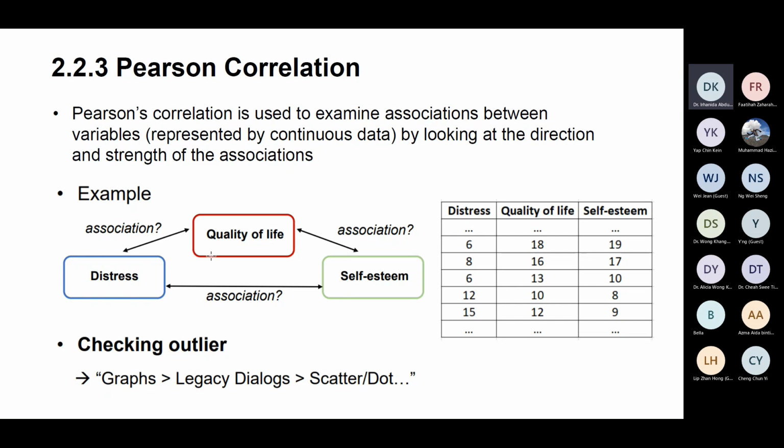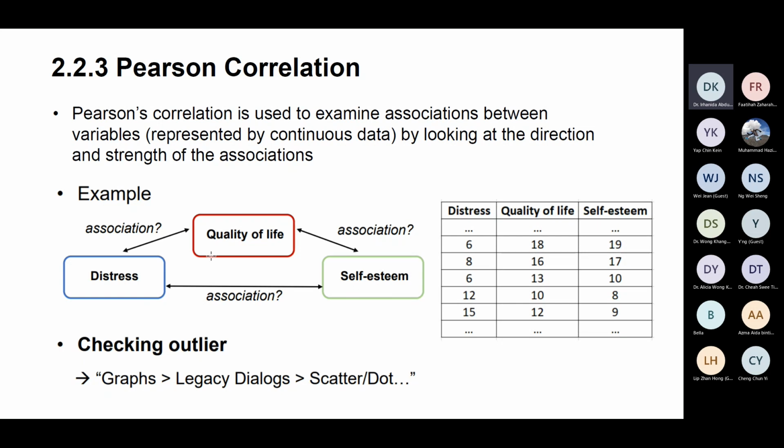For example, the variables that I have here are quality of life, distress, and self-esteem. We want to see whether distress has a relationship with quality of life, whether quality of life has an association with self-esteem, and whether self-esteem has an association with distress.